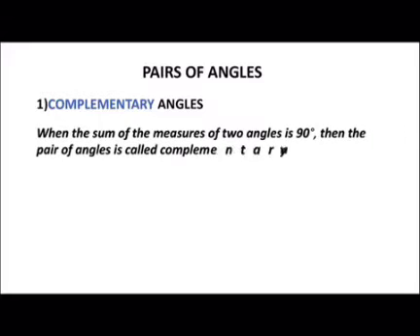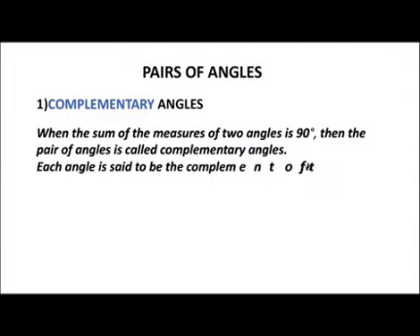I hope you understood. If you have two angles and their sum is 90 degrees, then the pair of them is called a complementary pair of angles.